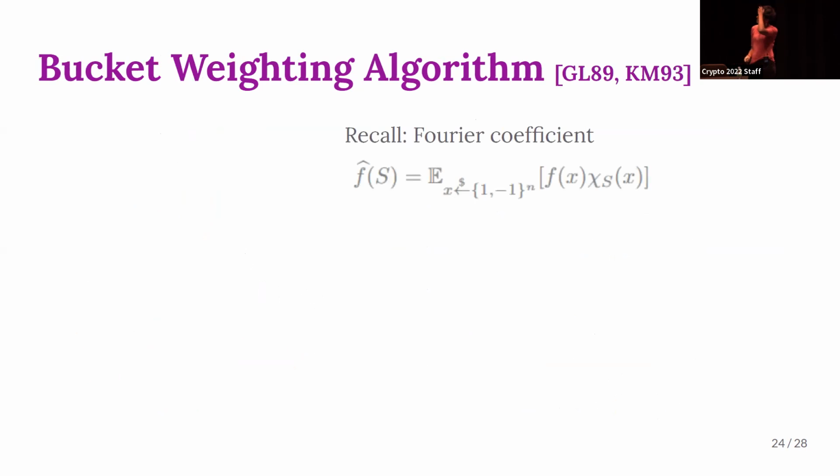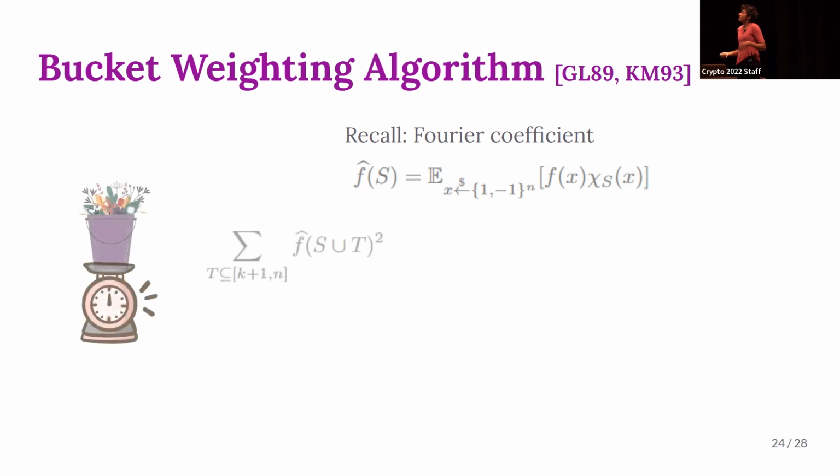And so in order to get a sense of how to do this, recall that if we naively attempt to compute the weight of all sets with a certain prefix, that will again have this exponential runtime problem.